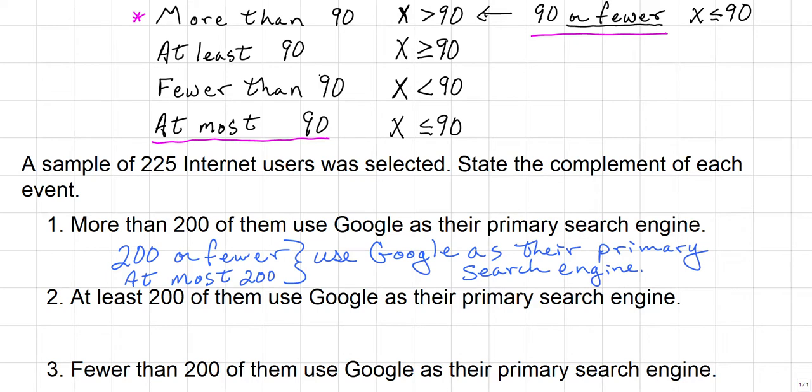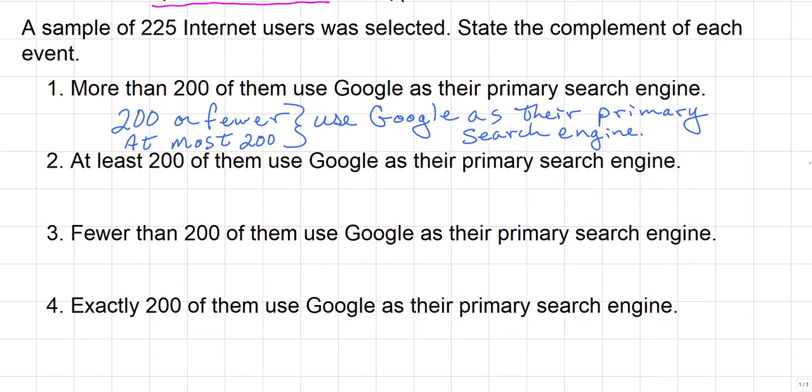So now let's look at the next one. It says at least 200 of them use Google as their primary search engine, which means that if our event is X, at least 200 of them is going to be X is greater than or equal to 200. So the complement would be X is less than 200.